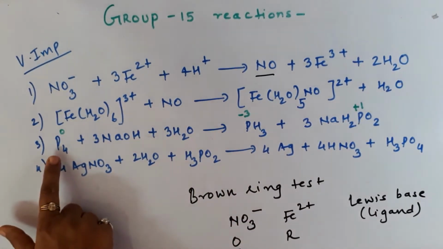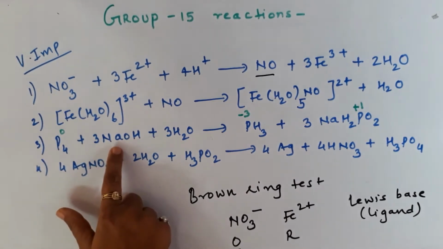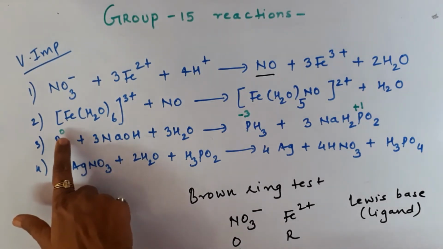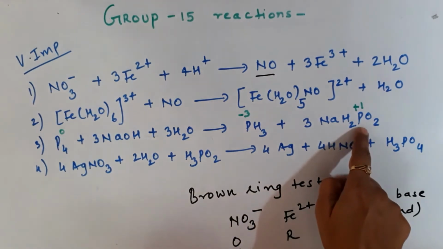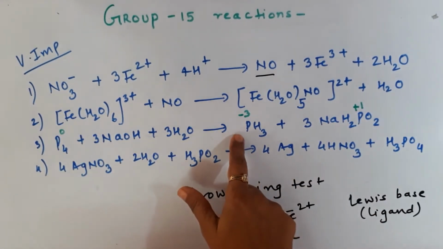The third reaction is very important again, because it is a kind of disproportionation. Phosphorus is boiled in sodium hydroxide. What happens if phosphorus is taken in alkali and boiled with alkali? It will disproportionate from oxidation state of 0 to +1, it is getting oxidized, and from 0 to -3 it is getting reduced.